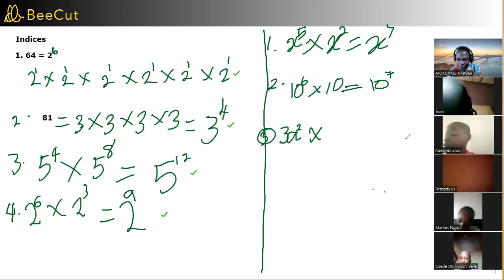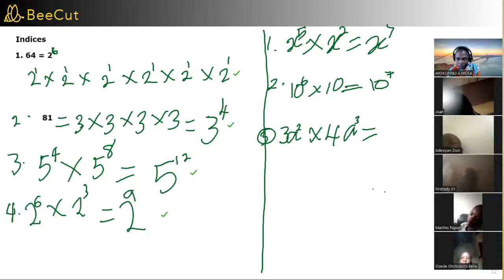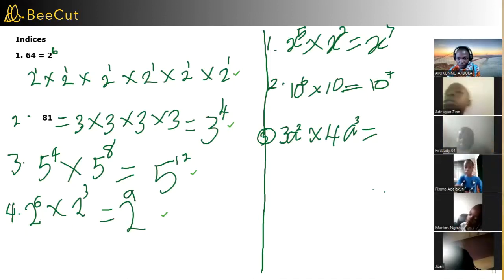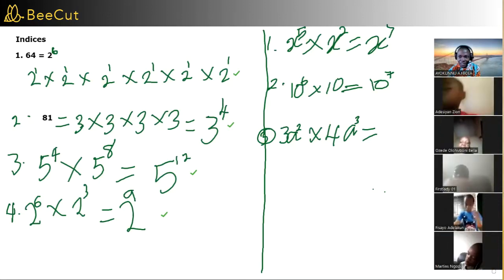What do you call your answer, Bella? 3A raised to power 2 times 4A raised to power 3. You said 7A. Who is answering me? Isabella?